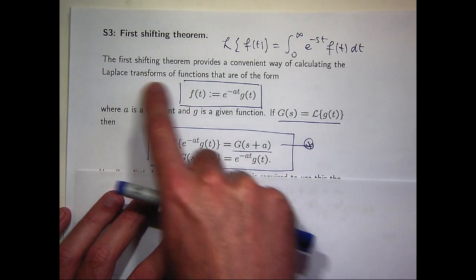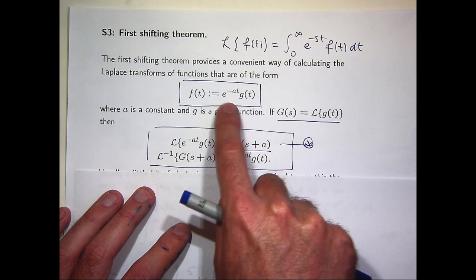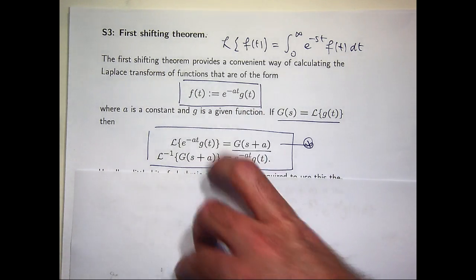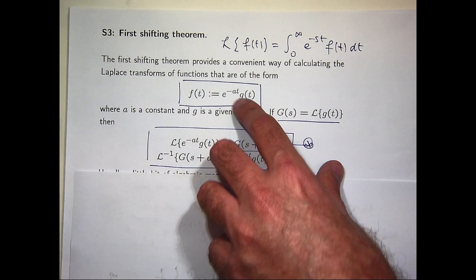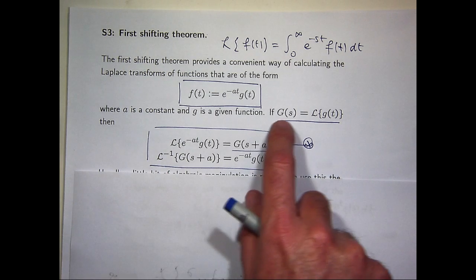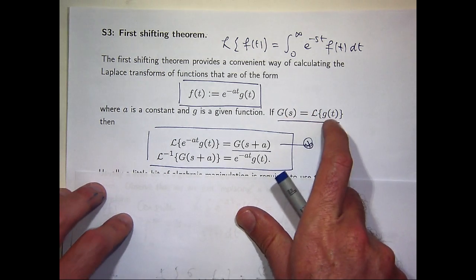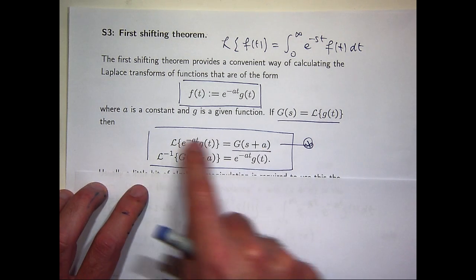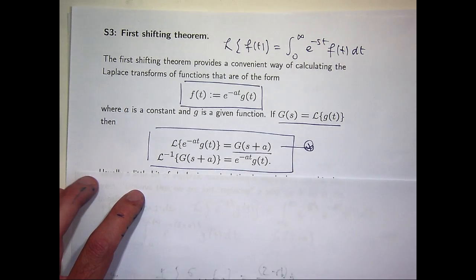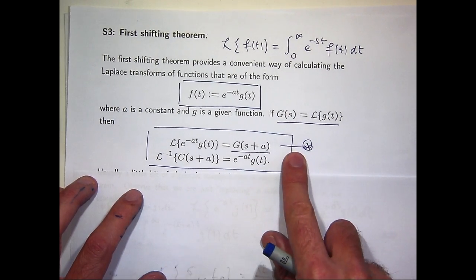Now, suppose that the function that we want to take the transform of is of this special form. It's an exponential times another function, like e to the minus 2t times t squared. Well, if we denote big G of s by the Laplace transform of little g of t, then the Laplace transform of this form is just this transform shifted a units.